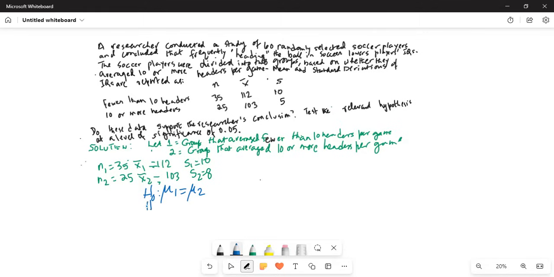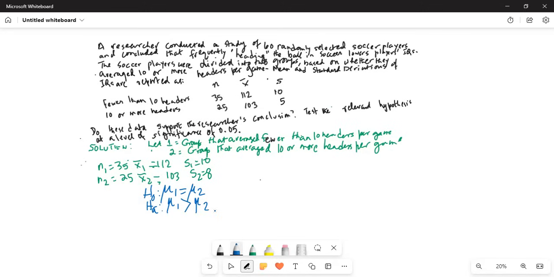And the alternate hypothesis is that the group that averaged fewer than 10 headers per game, their IQ is greater on average than the IQ of the group that averaged 10 or more headers per game.